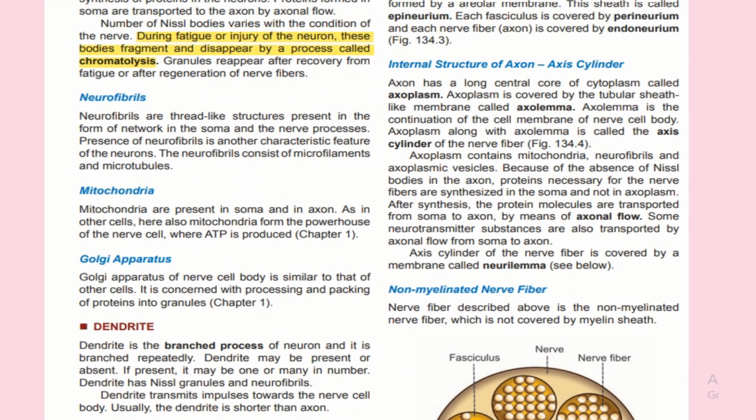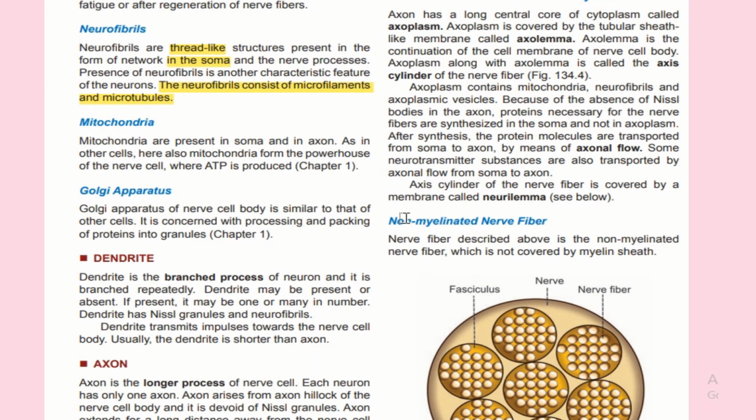Then we have neurofibrils. Neurofibrils are thread-like structures present in the form of a network in the soma and the nerve processes. The presence of neurofibrils is known as the characteristic feature of a neuron. Neurofibrils consist of microfilaments and microtubules. Then we have mitochondria, which are present in soma and in the axon of the neuron.